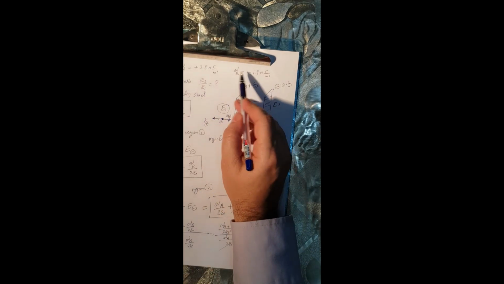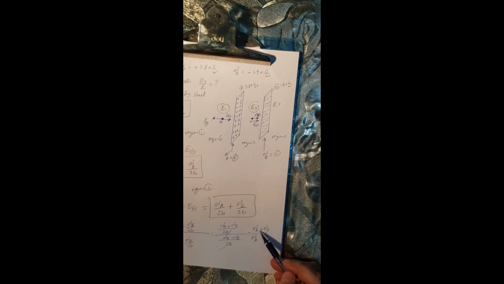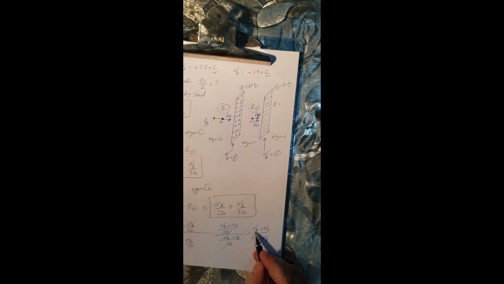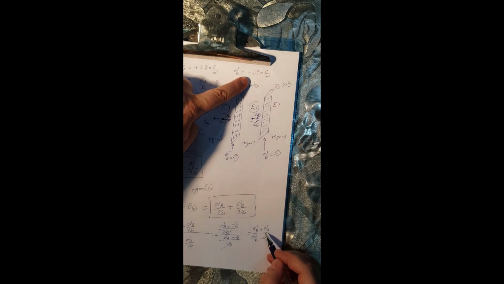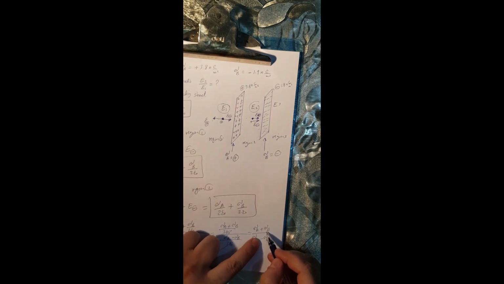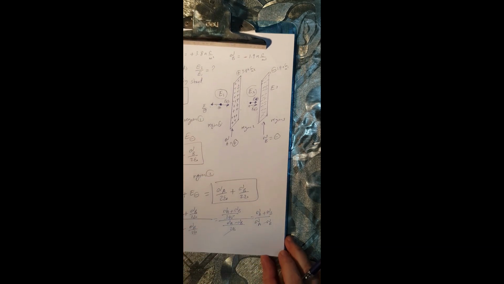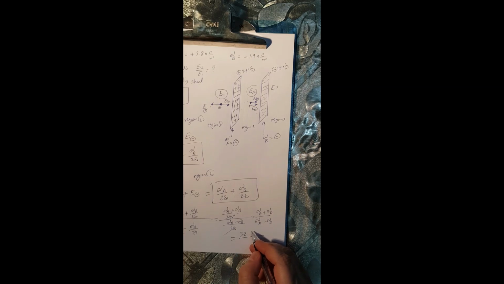Don't put the sign of the sigmas here, because you are interested in the absolute values. So even if sigma B is negative, here you're talking about the values, so put the values only. Which means now we have sigma A, 3.8 nano, plus 1.9 nano.